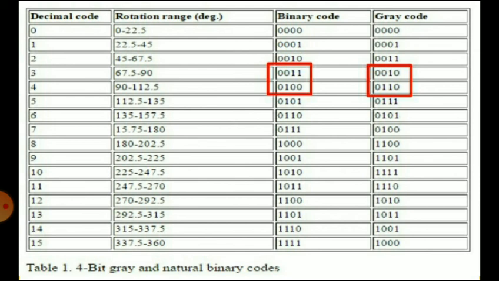In it, the decimal code is given, then the rotational range in degrees, then the binary code and the gray code. This table is used for these optical encoders. So this is regarding the displacement transducers or sensors.